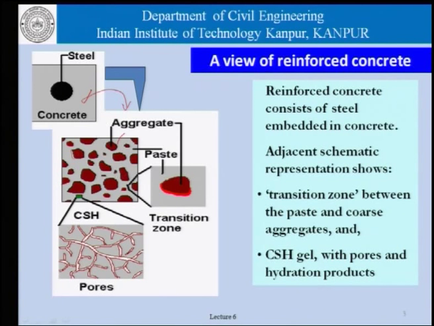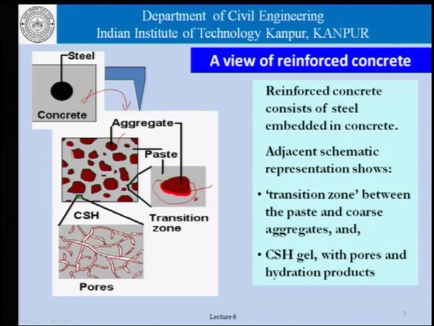And if we look around the coarse aggregate particles or the fine aggregate particles for that matter, we have a transition zone which defines the transition from the real solid cement paste to the aggregate phase.